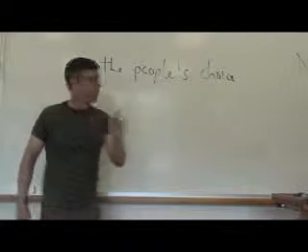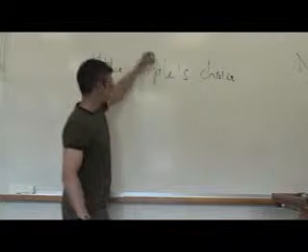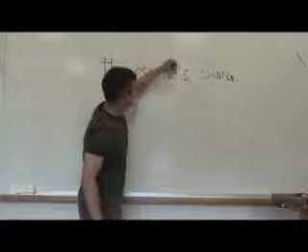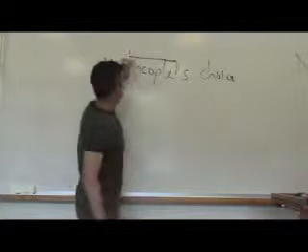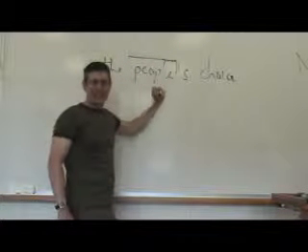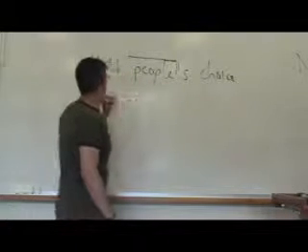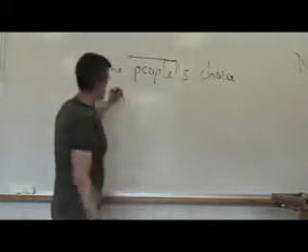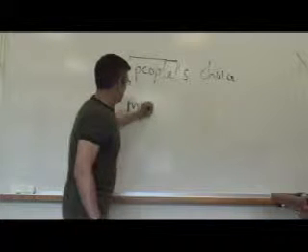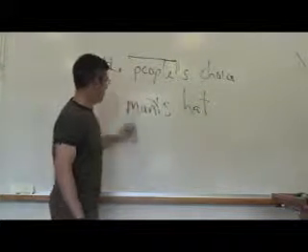The main principle about the apostrophe is that the entity, whatever it is, to the left of the apostrophe is the thing that is doing the owning. Okay? So, the people's choice, the man's hat, the hat of the man, the man owns the hat.